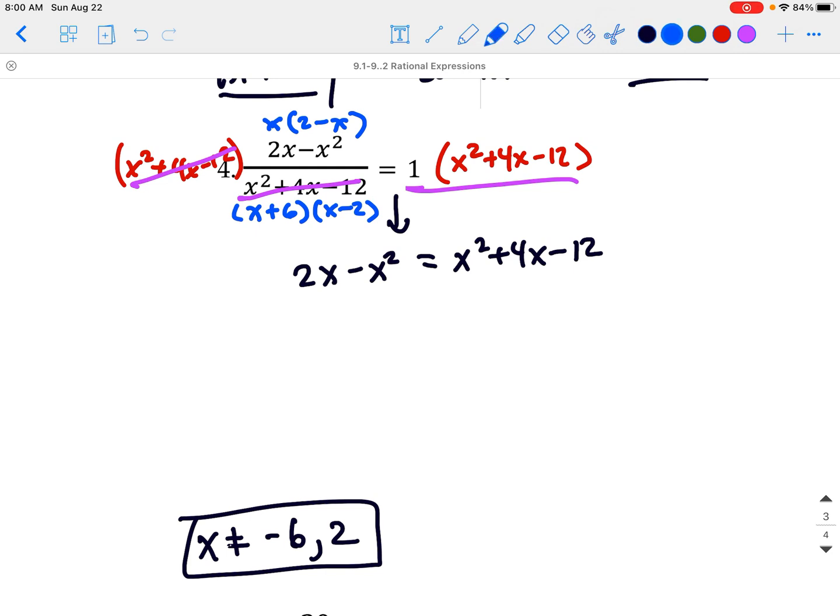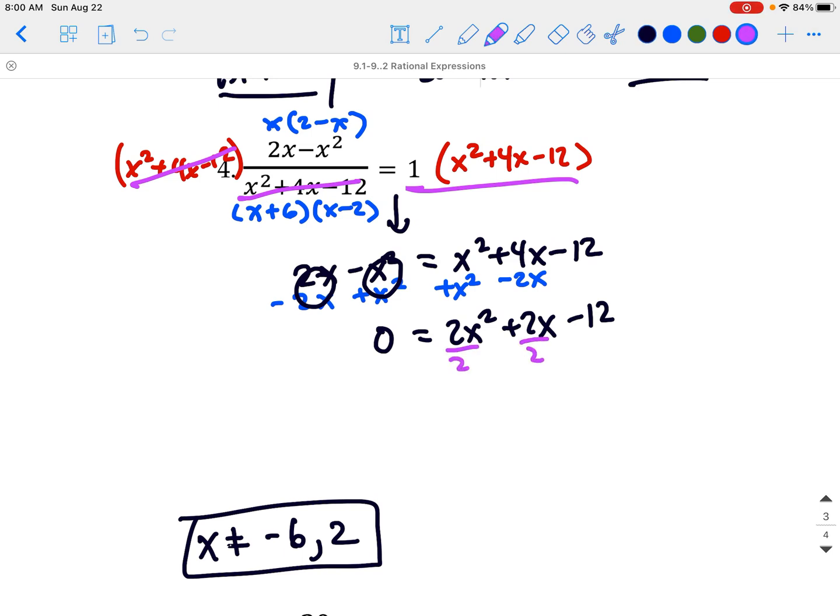And so what I should have done is been a little bit more careful. So let's do this a little bit more carefully. So we're going to add those in much more carefully. So this will become 0, this will become 0, and then we'll have 2x squared plus 2x minus 12, which we can then divide by 2.